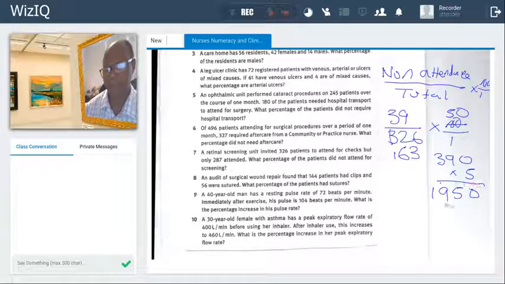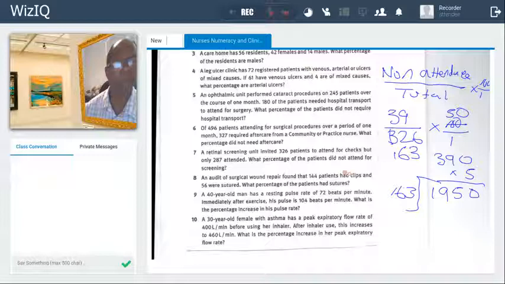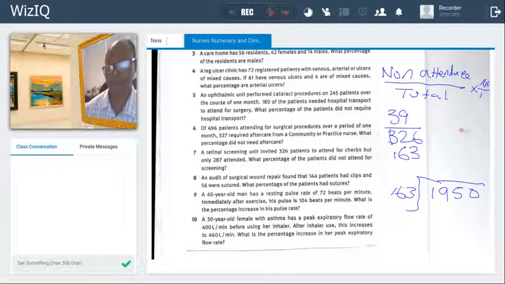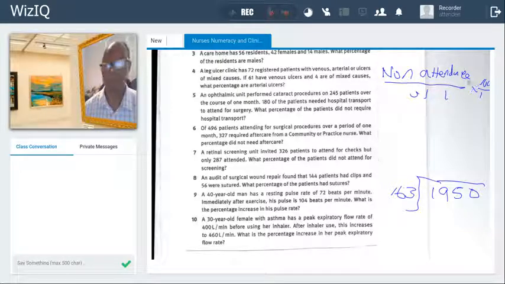Okay, so it's this number which we need to divide. Okay, so this number divide by 163.